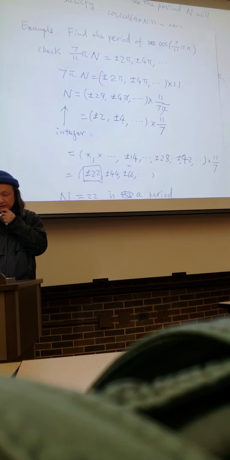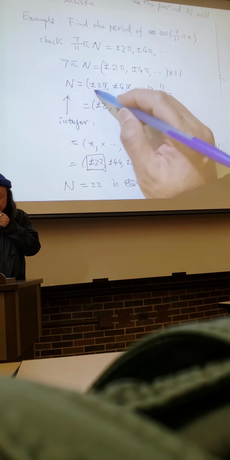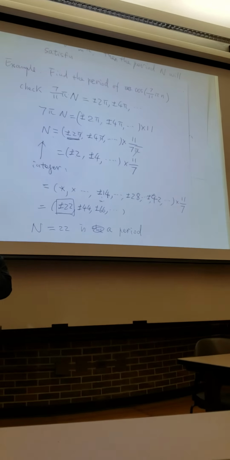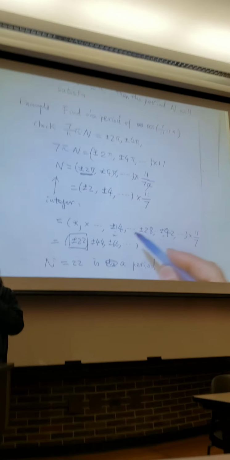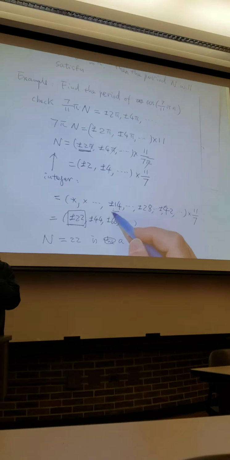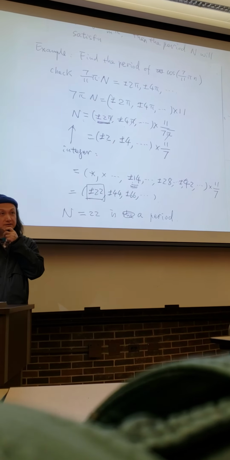And actually, here you also know: 2 pi means 1 cycle in a continuous state. 4 pi means 2 cycles in continuous state. This one, 14 pi, means 7 cycles in a continuous state.